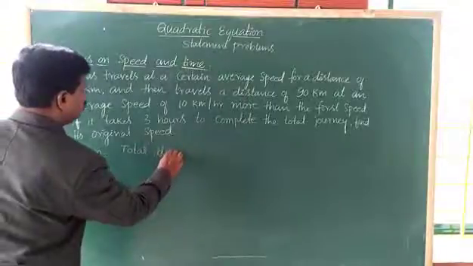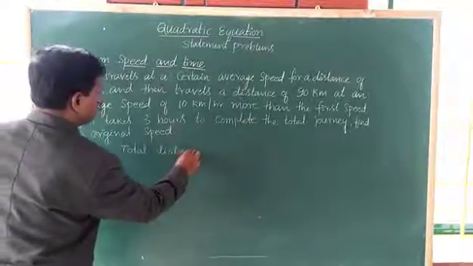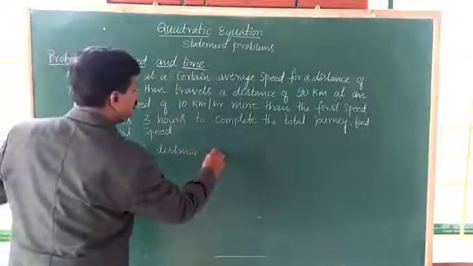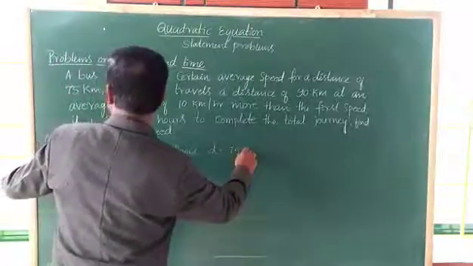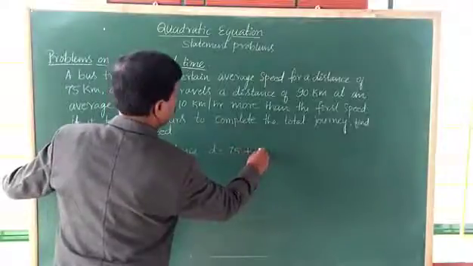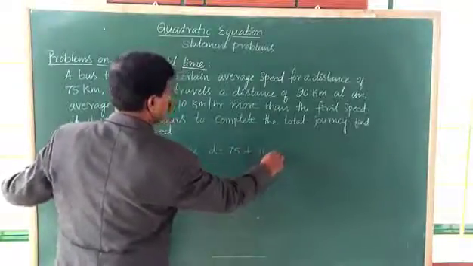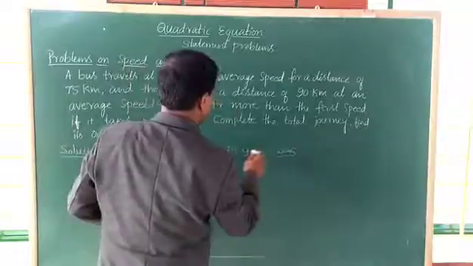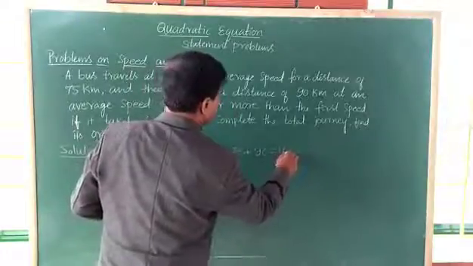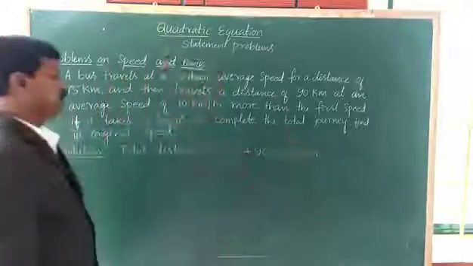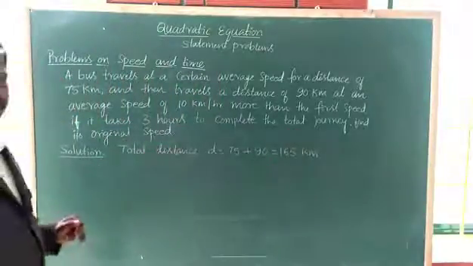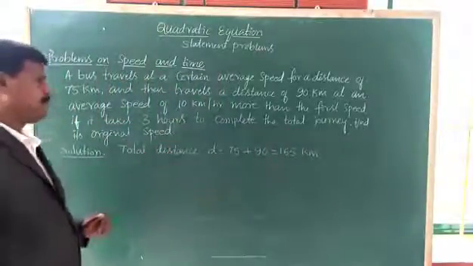Total distance D equals 75 plus 90. So this is how much? 5 plus 0 is 5, 9 plus 7, 16, that is 165 kilometers. So this is the total distance traveled by the bus.